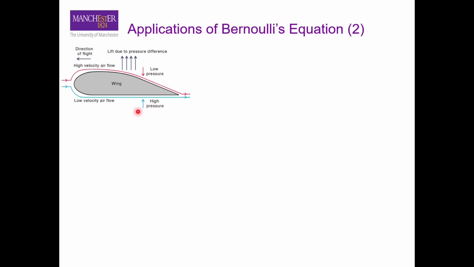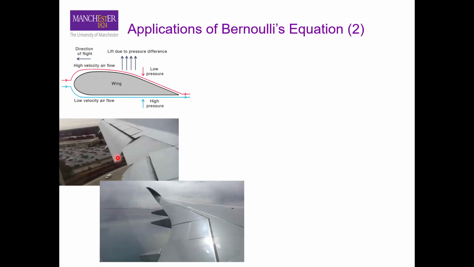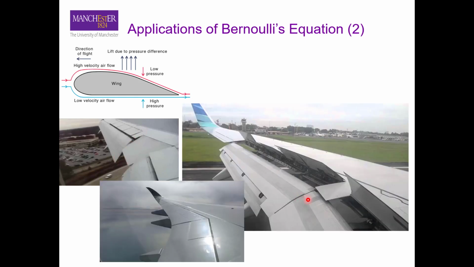Okay. And next time if you are traveling and you get the chance to sit at the window seat, have a look outside the plane. When the plane is in taxiing mode, you have these plates on the wing that are straight. But when the plane is landing, you have these plates up.